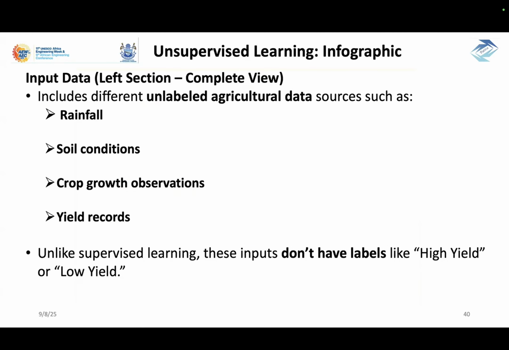Okay, let me explain what I just showed you. On the left, you have different unlabeled agriculture data such as rainfall, soil conditions, crop growth observations, and yield records. You just have this for all these fields, including your neighbors' fields. All this, you collect that, and then after that, you just put it in the model.